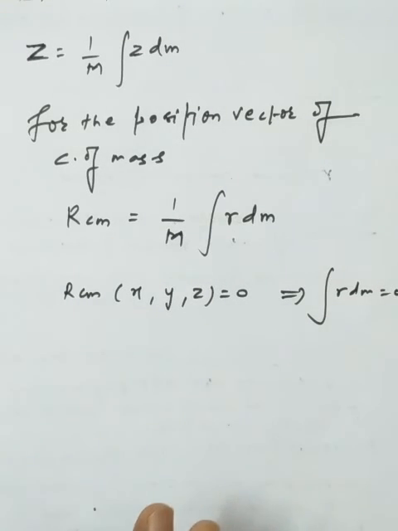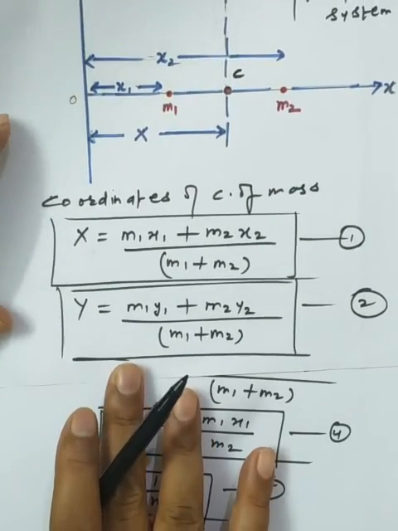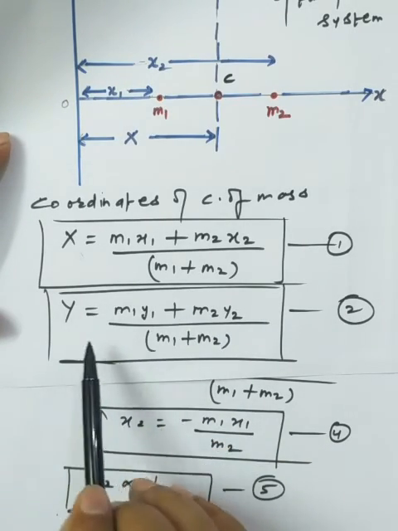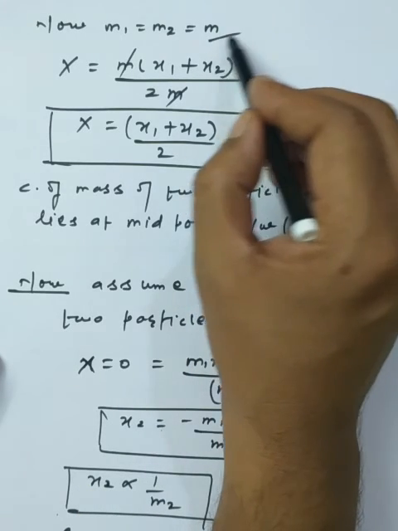So here we have first discussed the meaning of the center of mass. We discussed how we can write the coordinates of a two particle system, the x coordinate and y coordinate, including the center of mass for a two particle system in which the two particles have the same masses.